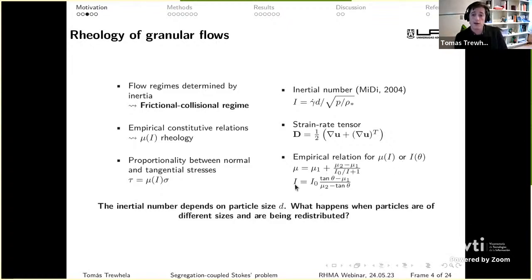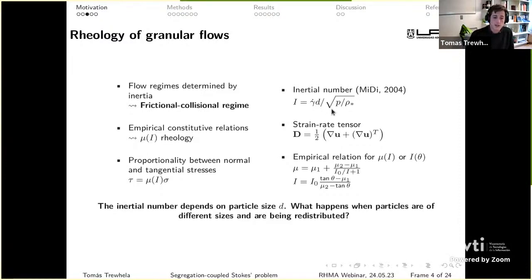And inversely, you can also produce a relationship for I, or the inertial number, as a function of these two parameters and a third parameter, I naught, which is a material property. But the main message here is that the inertial number depends effectively on particle size. It's very clear, the dependence; it's a linear dependence.